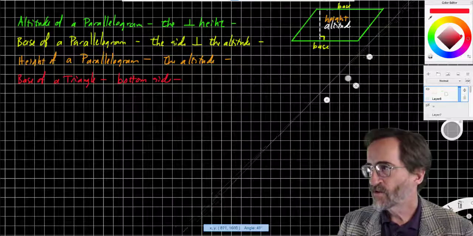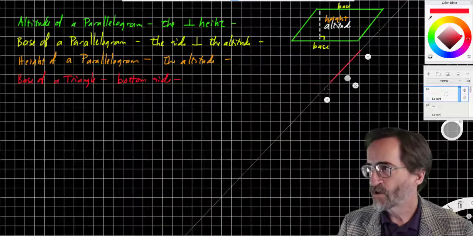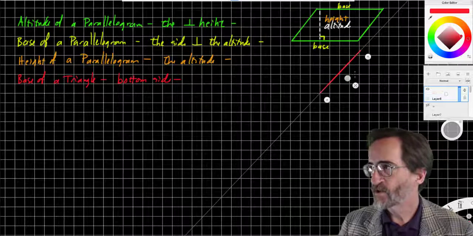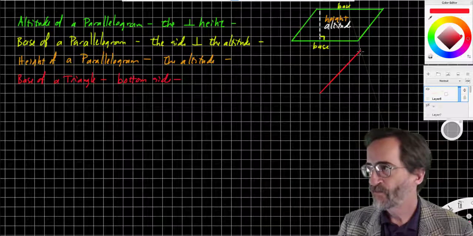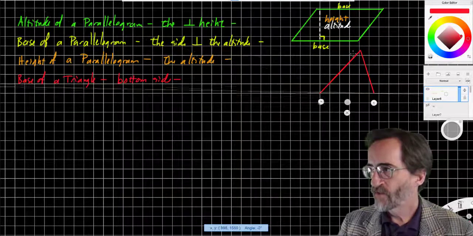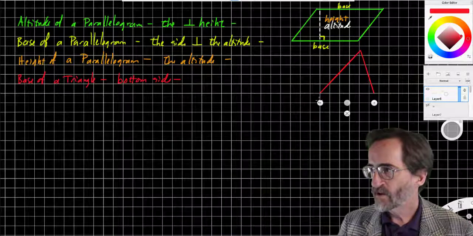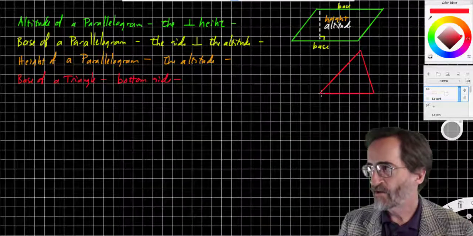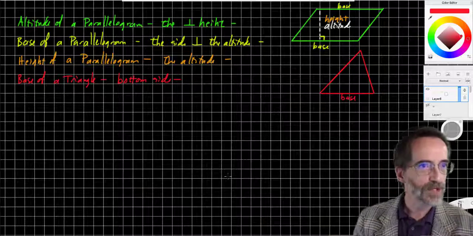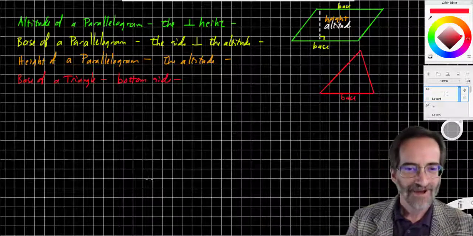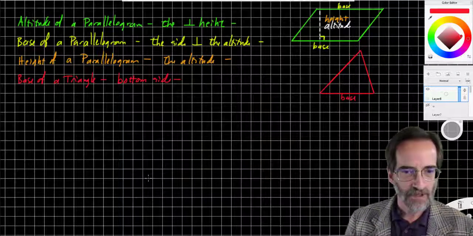Note that any side technically could be the base if you rotate the triangle so that the side is on the bottom. But it's kind of what we consider to be the bottom. This is the base. It's all about the base, no trouble. Okay. All right, base of a parallelogram, or base of a triangle.